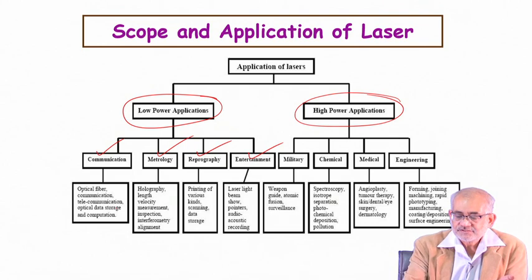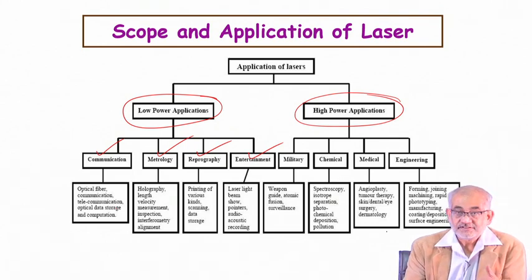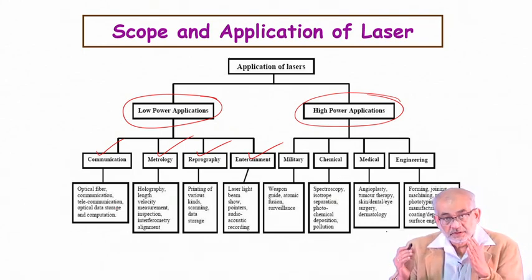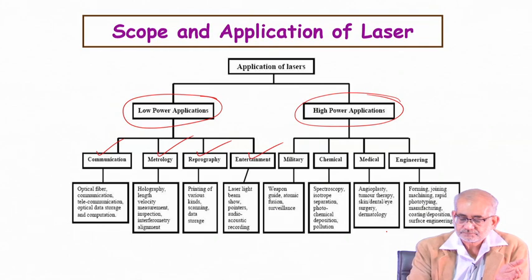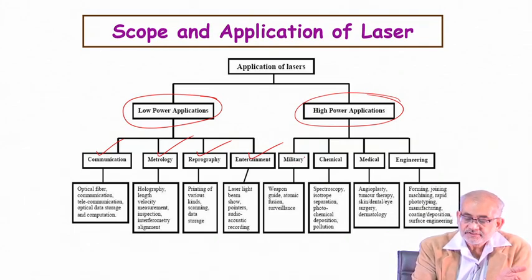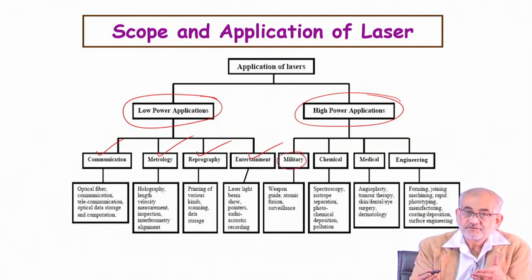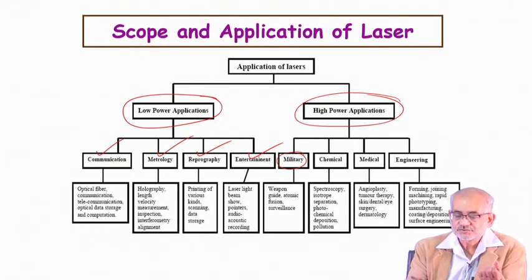On the other hand, using high power lasers, we can do various types of hardware applications. In the extreme, one can think of various military applications, including weapon guidance or atomic fusion, surveillance, and so on.